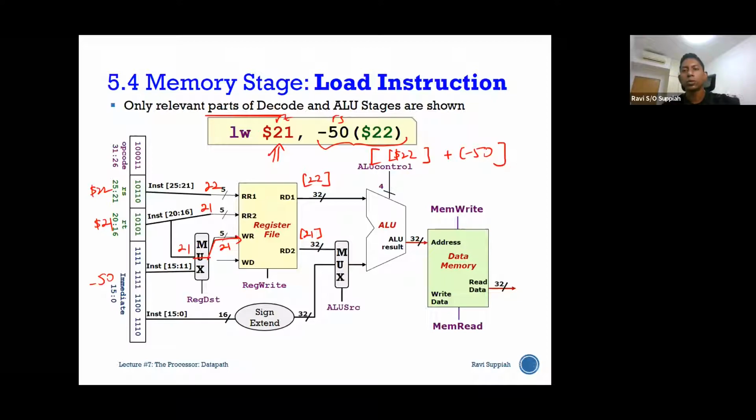The two source operands for my ALU are this: one is the content of register 22, that is this, and the second one is my immediate value of -50, that is this. That will go through the sign extension, come to the multiplexer, and this multiplexer will be configured so that I use this option. So this will be -50, but already sign extended.